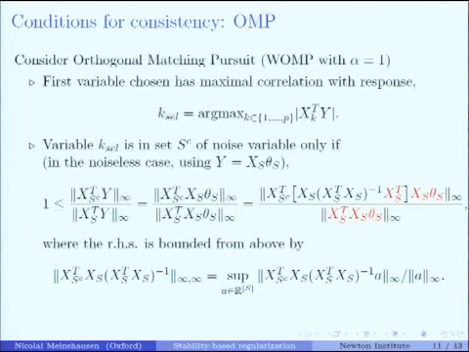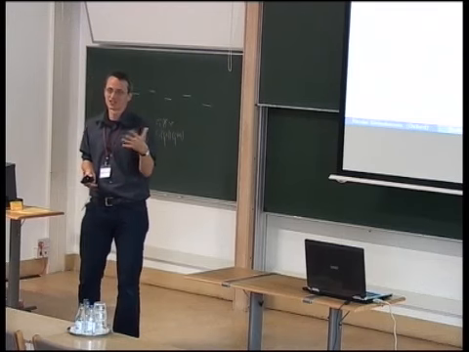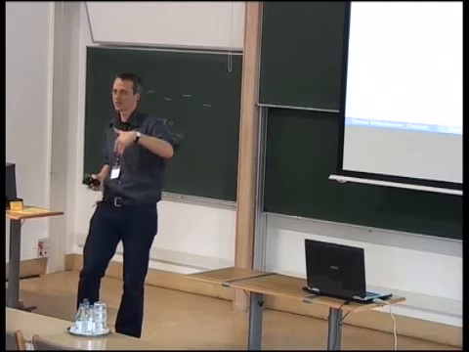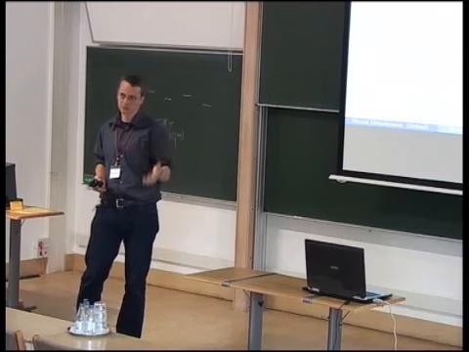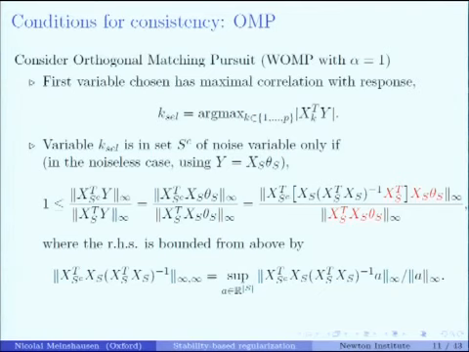And now you can see, is that variable going to be in the set of coefficients which have a non-zero coefficient or not? And if it goes wrong already in the first step, then of course you can't make up for it at a later stage because you've already introduced that variable. So you can say, when is the variable going to be in the complement of S, so in the set of noise variables, which you don't want to have?